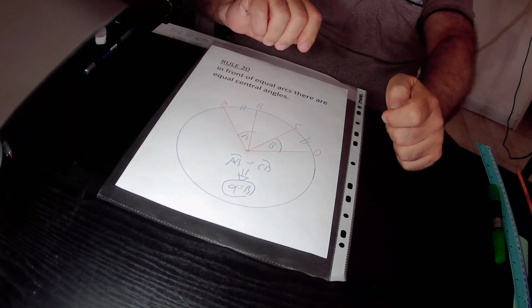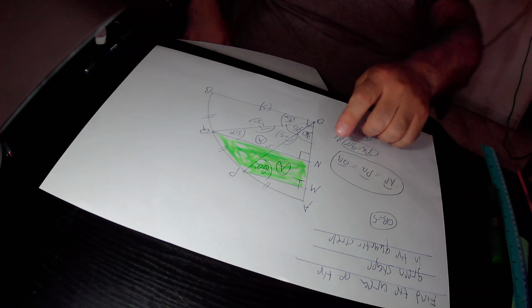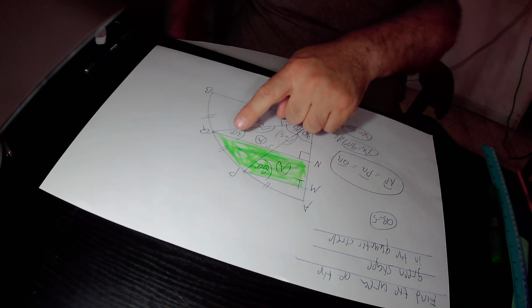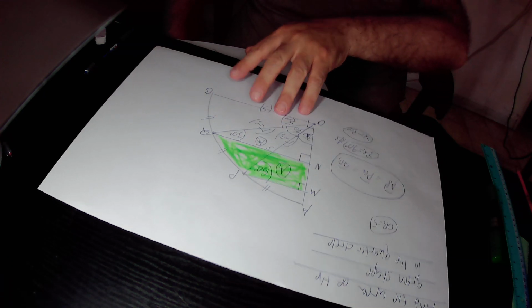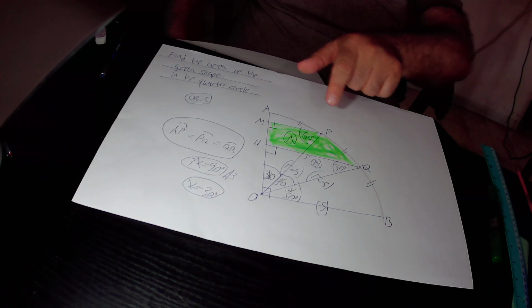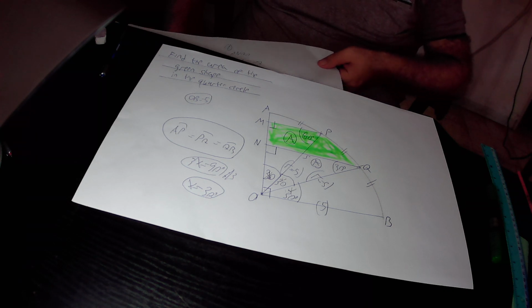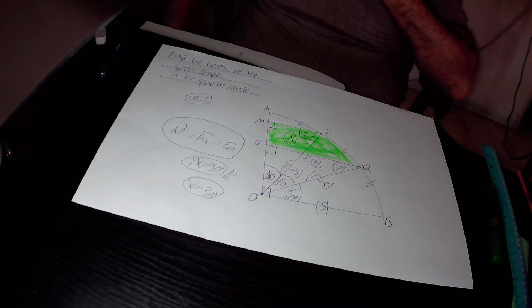So we can actually implement rule 20 in our drawing. In our drawing, we have arc AP equals arc PQ equals arc QB. So in front of those equal arcs, we have also equal central angles.